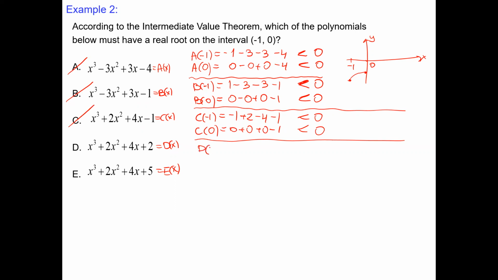Okay, D at -1. -1 plus 2 minus 4 plus 2. It's less than 0, yes, -1. And then D at 0, it will be 0 plus 2, greater than 0.